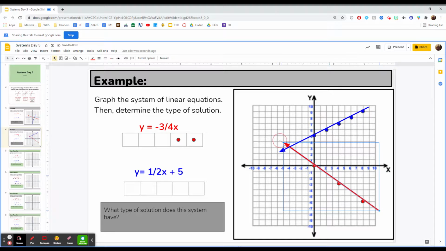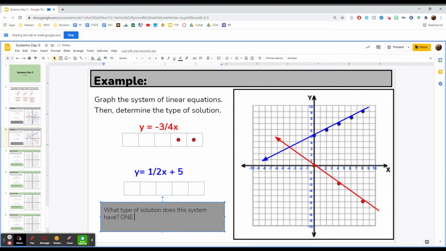This line, I want to make it a little longer so that we can see the intersection point better. Okay, so now we have it. The two lines intersect at (-4, 4). Okay, so that's what we're gonna put here. One solution, which is at -4 for x, 4 for y. And that's it for this problem.